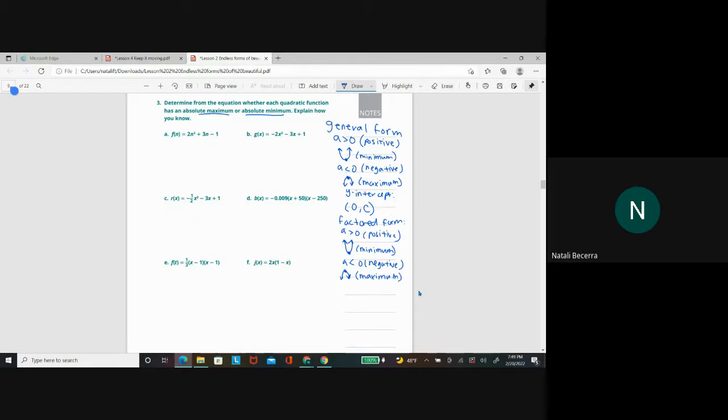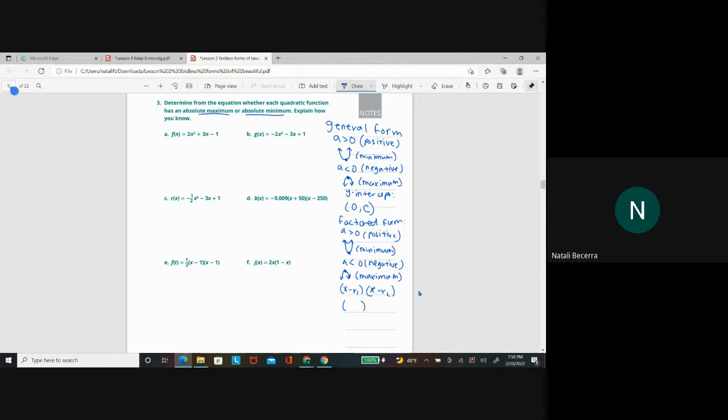And then you can find the x-intercepts, okay? So this is what I was talking about whenever you do the opposite sign. So the x-intercept is going to be whatever is inside of the parentheses. So let's say we have (x minus r1)(x minus r2). You're going to take the opposite sign. So that was a minus r1. So what's the opposite of minus r1?